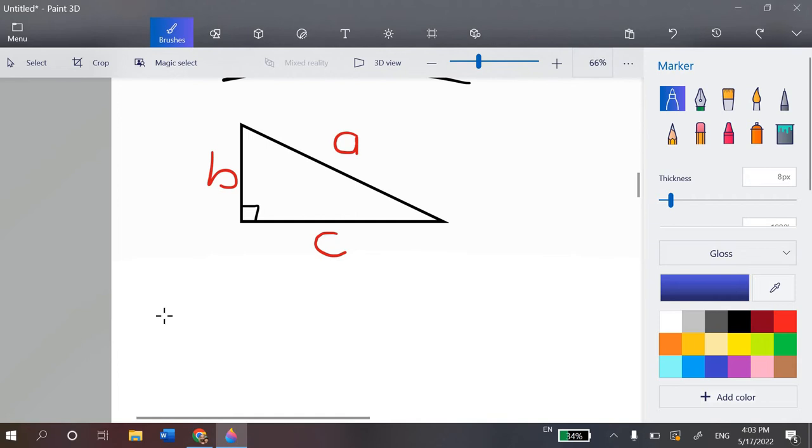So we start with a to the power of 2, or a squared. That's our hypotenuse out here. We're going to say the hypotenuse to the power of 2 is equal to b to the power of 2 plus c to the power of 2.